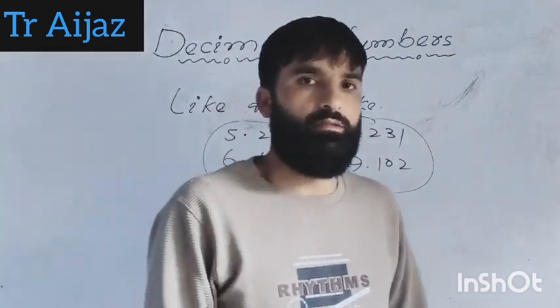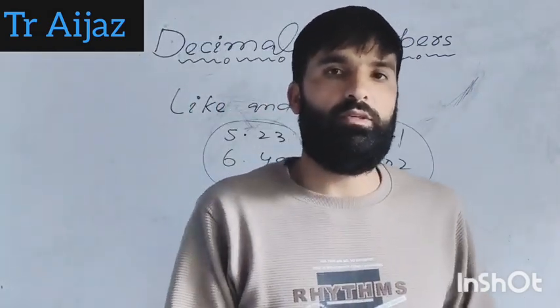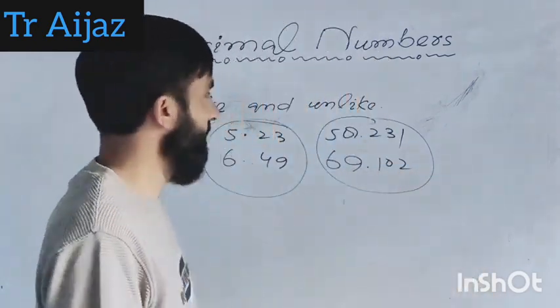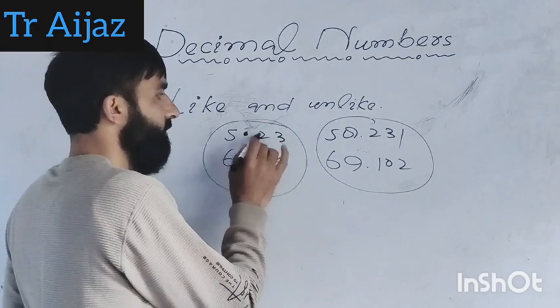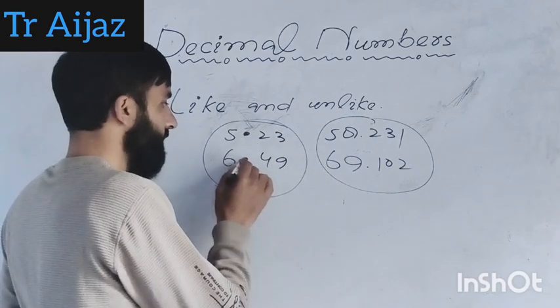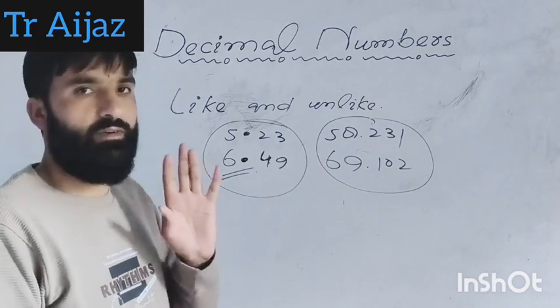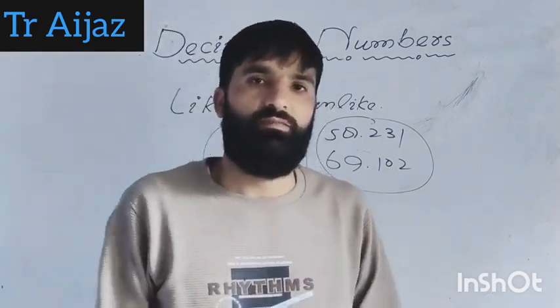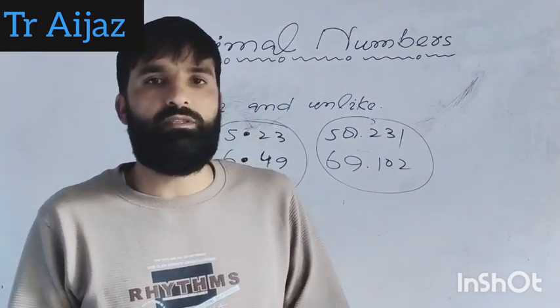So how can you recognize them? Very simple. Check the number of digits in the fractional part, meaning after the decimal. Here the number of digits after the decimal is two, and the same two digits are here after this decimal. So we say these two are like decimal numbers. You have to only check how many digits are there after the decimal point.